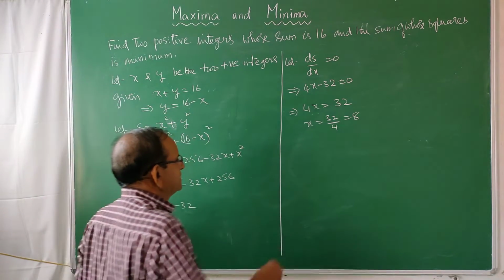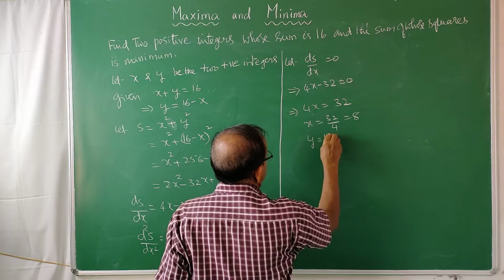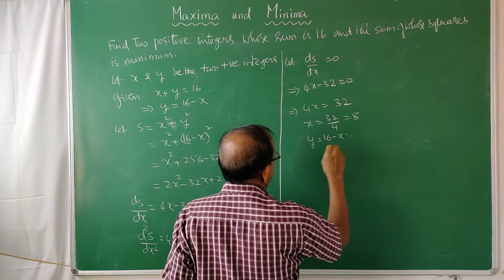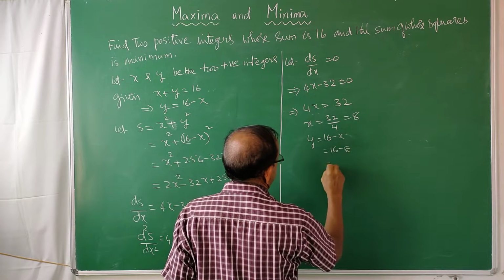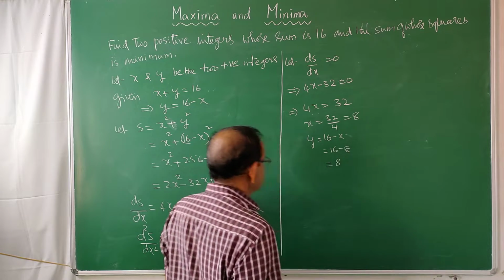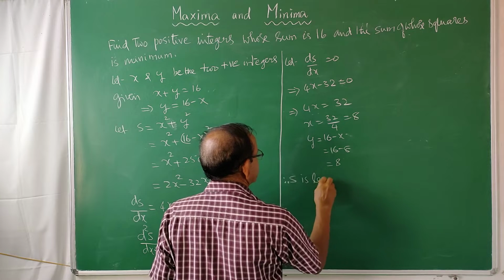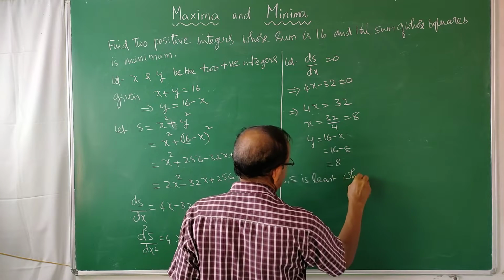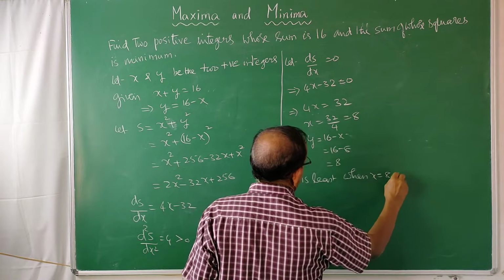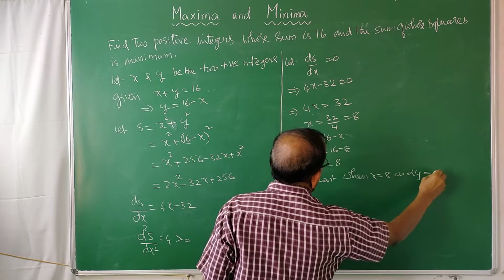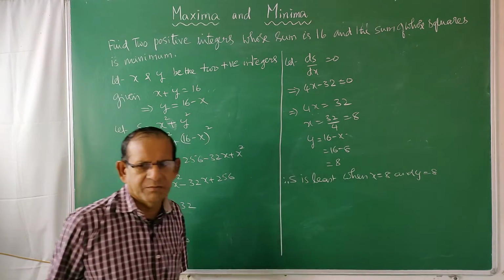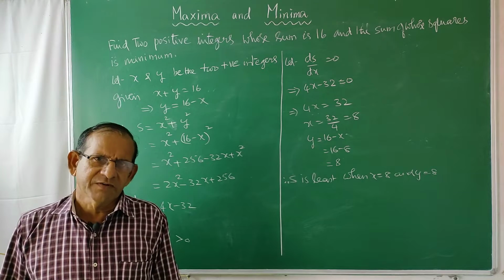Y is equal to 16 minus x, that is 16 minus 8 equal to 8. So s is least when x is equal to 8 and y is equal to 8. Those two numbers must be equal numbers, then only the sum of the squares is least.